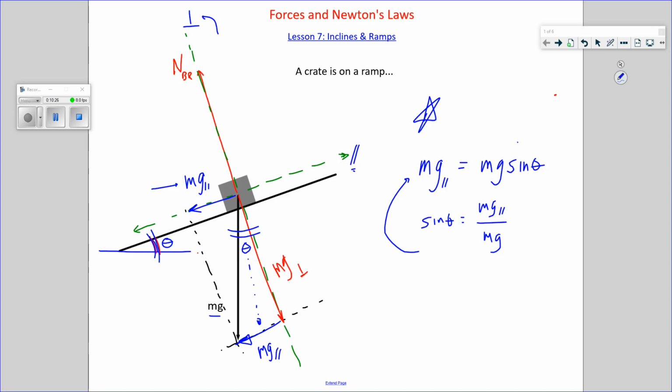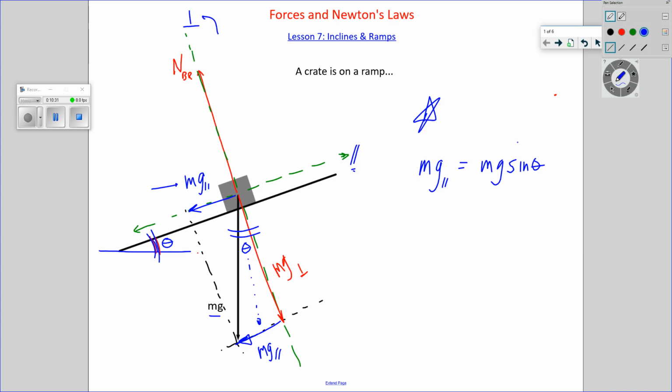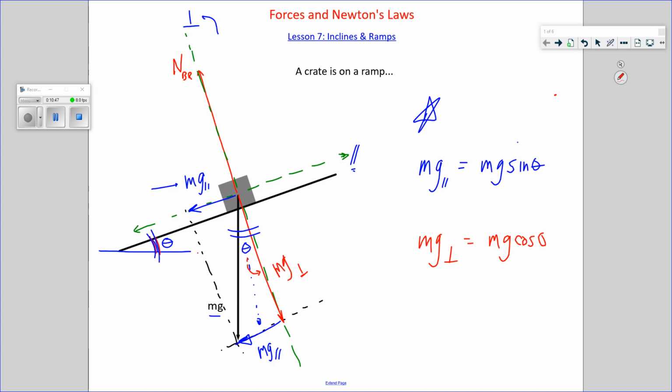Okay? And similarly, or not coincidentally, mg perpendicular is adjacent to that angle, where mg again is the hypotenuse. So this goes as mg cosine theta. If you need a trigonometric proof of that, I recommend you start with the definition of cosine and see that what I've written is true.